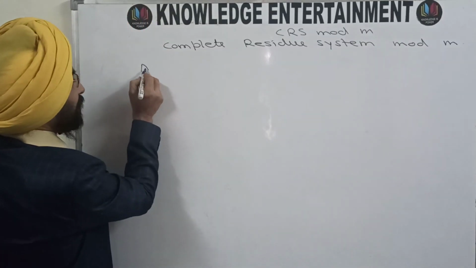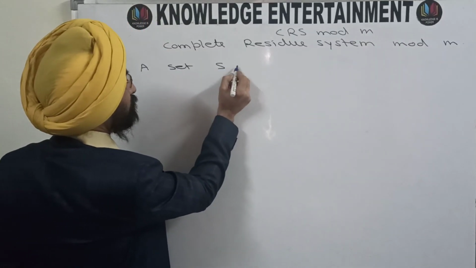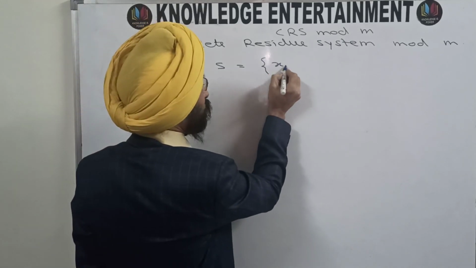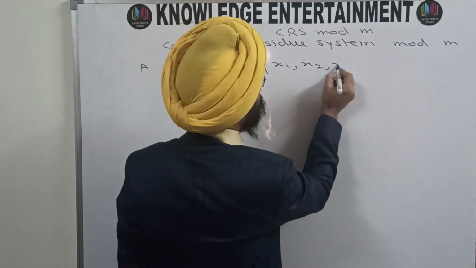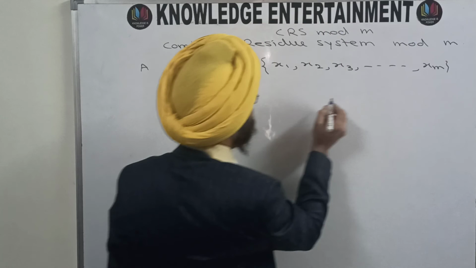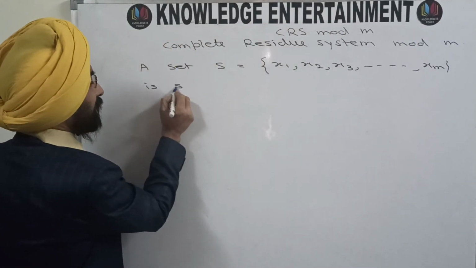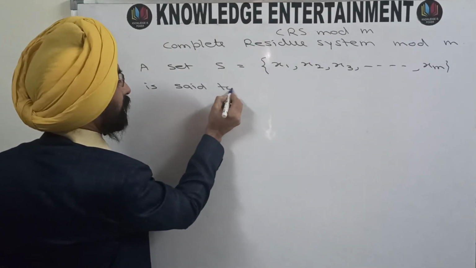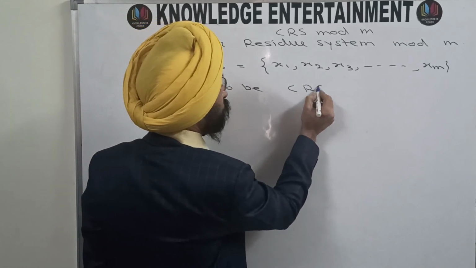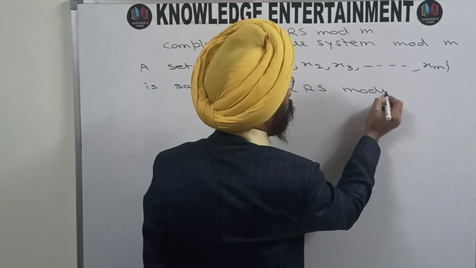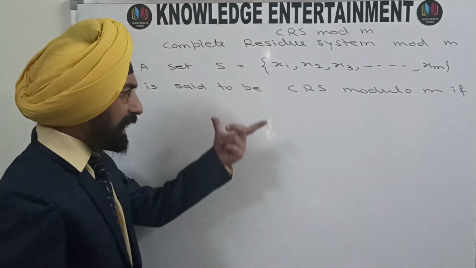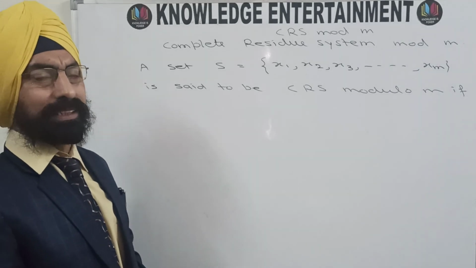A set S of m elements x1, x2, x3, up to xm is said to be complete residue system modulo m if any one of the following two properties is satisfied.